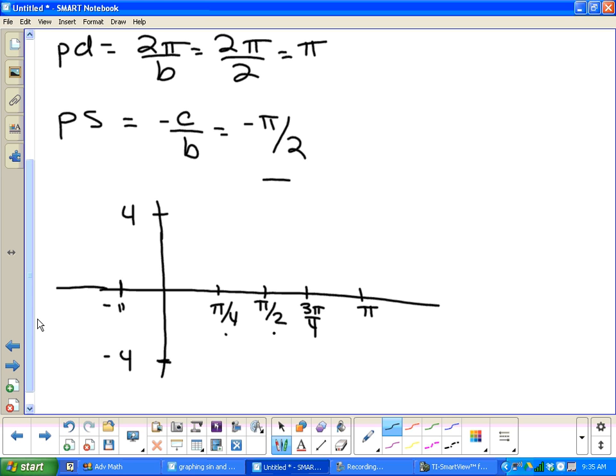Yeah, negative pi over 4. And then the next one would be negative pi over 2. Now, do y'all see how that's shifting over 2 units to the left? Y'all see it? Okay. So instead of starting right here at 4 on the y-axis, we're not starting on the y-axis anymore, but we're going to start at negative pi over 2. All right?